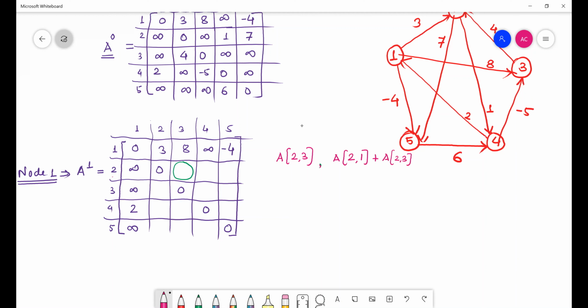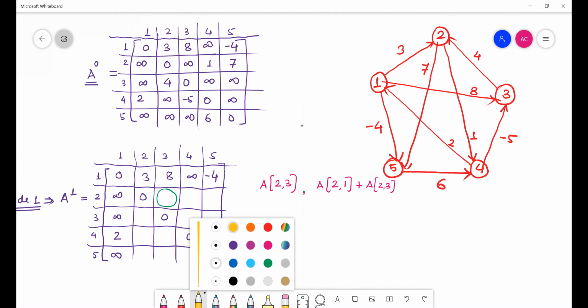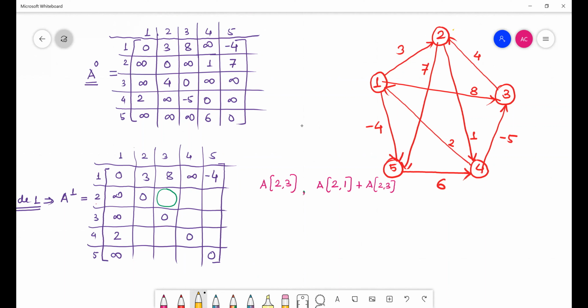Node 2 to 3 requires some cost, but to go from 2 to 3 I can have multiple options. I can directly go from 2 to 3. I can go 2 to 3 via some other node also. But right now in this graph, 2 to 3 is infinite.